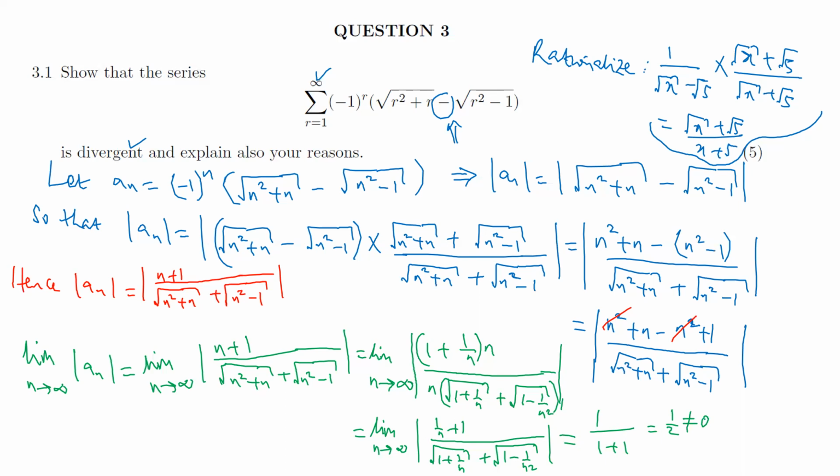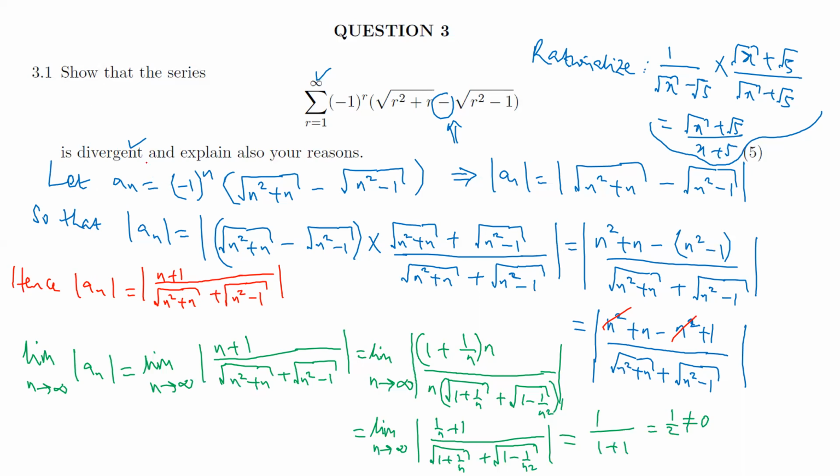Once this is not 0, then you celebrate, because if it's 0, then you cannot use the vanishing condition because it vanishes already. Vanishing condition means the limit of the sequence itself vanishes. So this is the conclusion. The limit is 1/2, which is not 0.